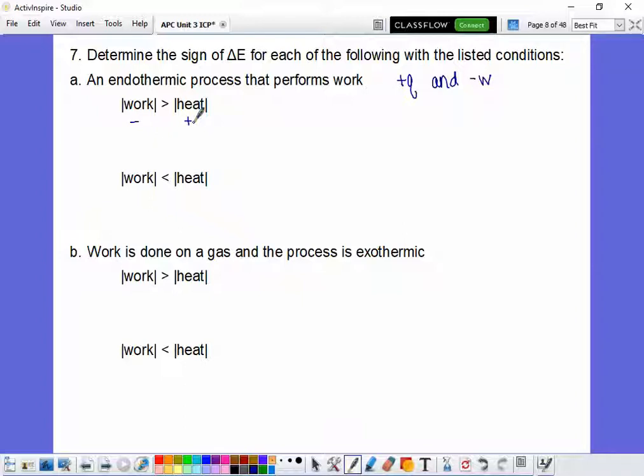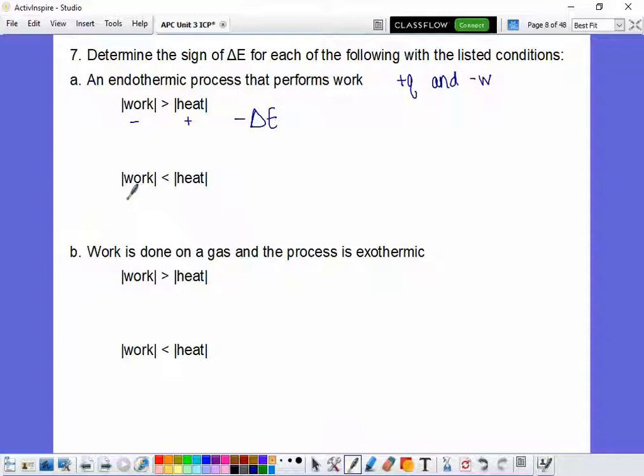The negative. So my delta E will be negative. So we'd have an overall decrease in internal energy of the system. Where does that energy go? Into the surroundings.